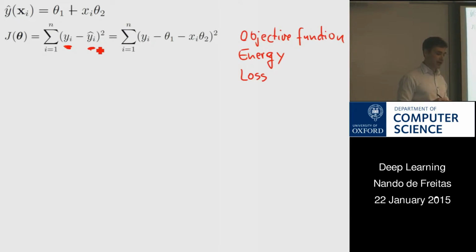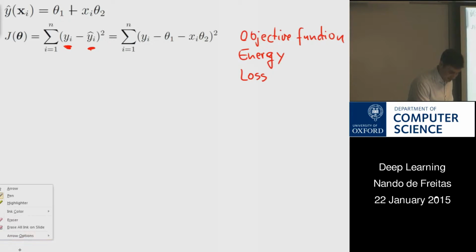And if your y hats are close to the y's, then that error is going to be about 0. And Gauss came up with this 300 years ago, and it worked for a lot of problems, and it became very popular. It's very analytic, very tractable, and we use it because of that, even though it's dangerous, as I'll soon show you.